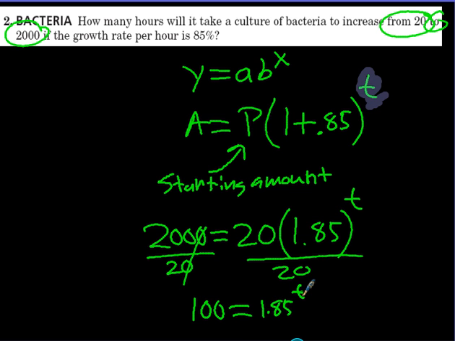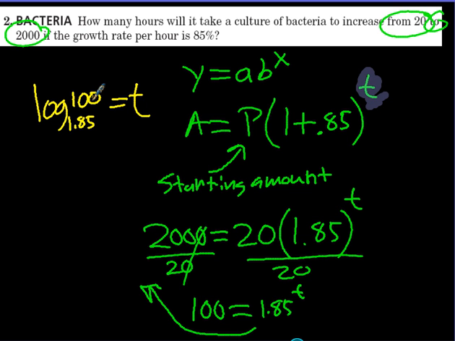And so now I can use my definition of log and say the base is 1.85, and so now I have log base 1.85. The exponent is t that I'm looking for, and that's going to equal 100. Okay, so log base 1.85 of 100 equals t. Same equation, just saying it as I write it.